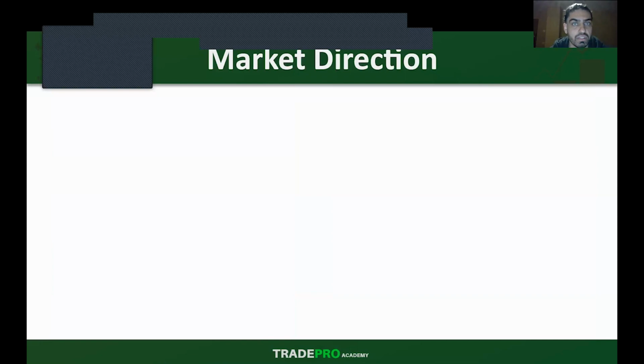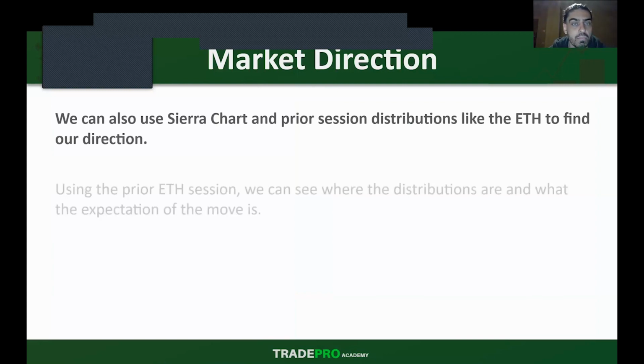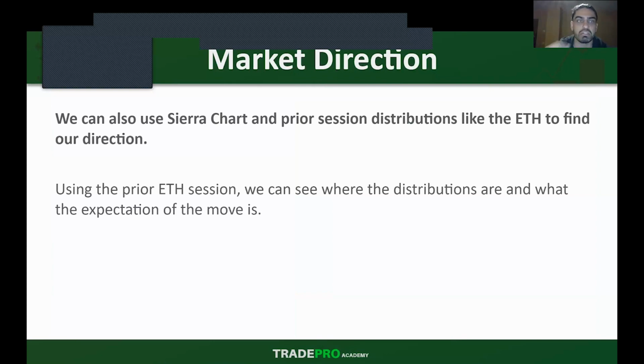So you can find examples of these everywhere, right? Countless stuff like this. We can also use Sierra Charts and prior session distributions like the extended hours trading session to identify the directionality. But if I would have to rank everything in terms of importance, I would rank major large distributions at the forefront and then individual session volume movements second.